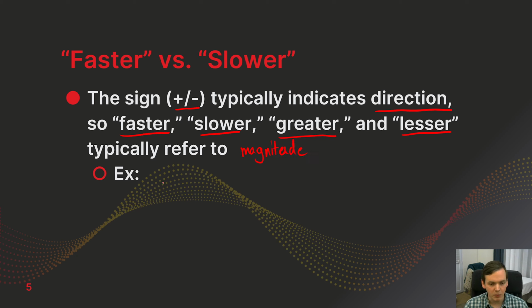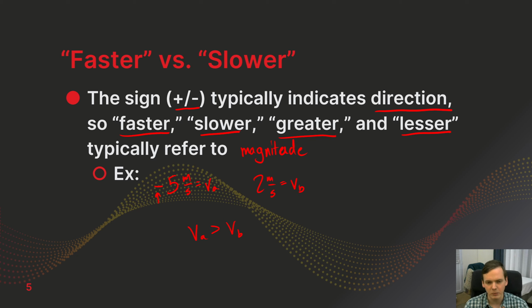For example, we would typically say that -5 meters per second, if that's VA, and 2 meters per second is equal to VB, we would typically say that VA is greater than VB. Now, technically, 2 is bigger than -5, but generally speaking that negative isn't referring to a negative amount of velocity.